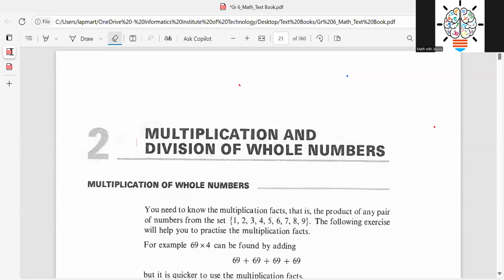If you feel that you are not good at multiplication tables, please go through and study the multiplication table very well, because we can't do this unit without having a solid level of the multiplication tables, right?